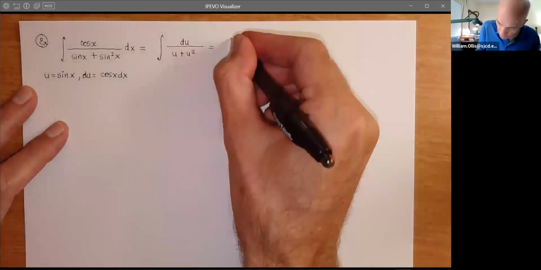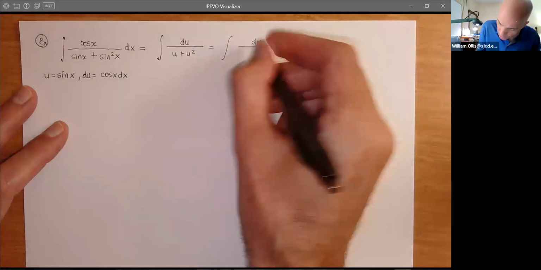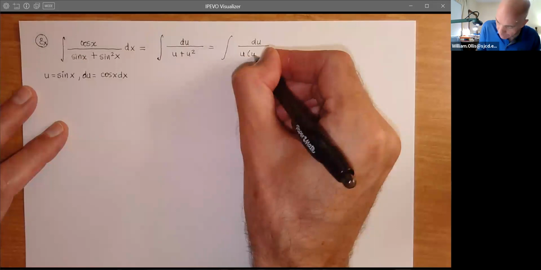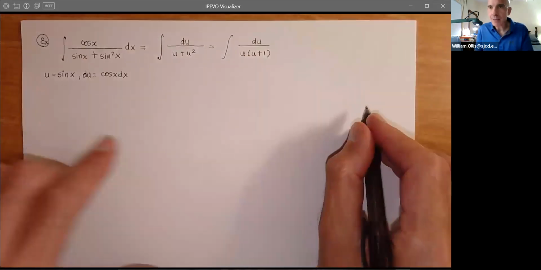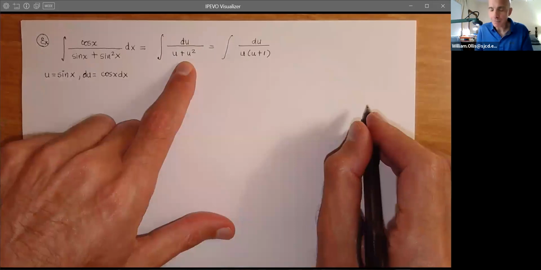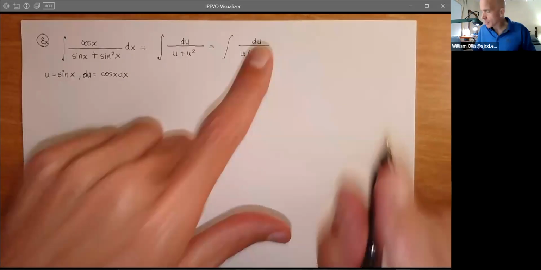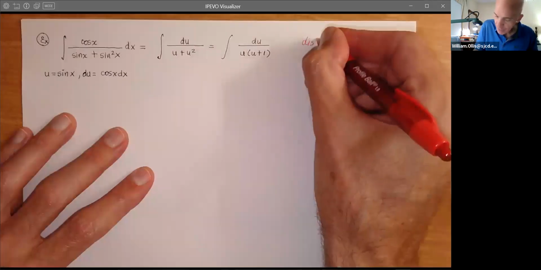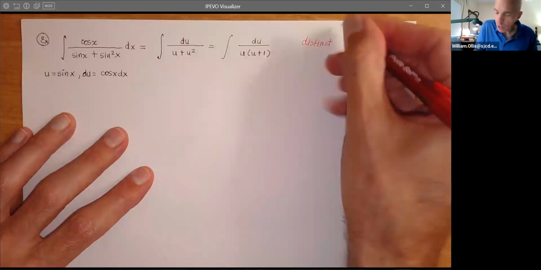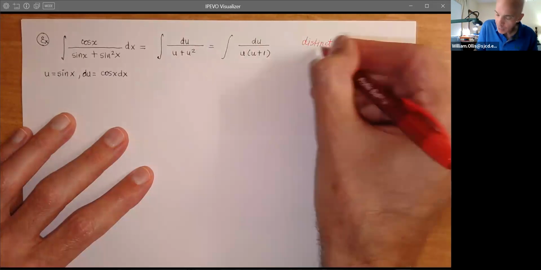So now we can factor: du over u times u plus 1. Now, again, this is not nice and elegant with a Pythagorean denominator, but these are what? Distinct linear. This is so easy now, after doing all those irreducible quadratics, this is a walk in the park. Distinct linear.